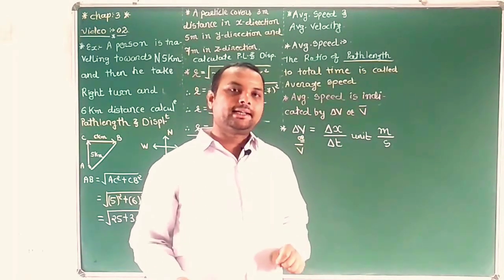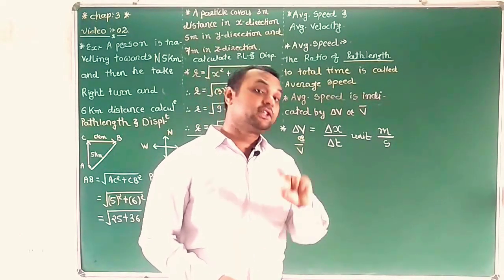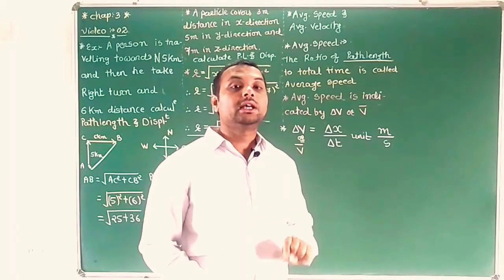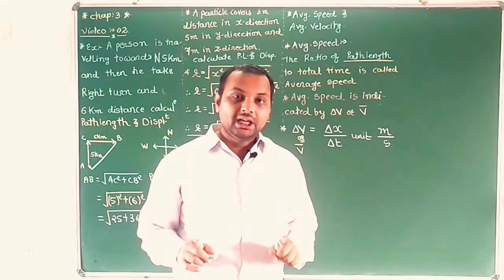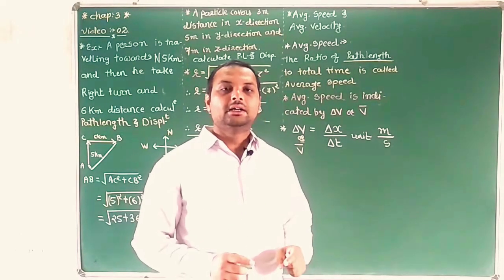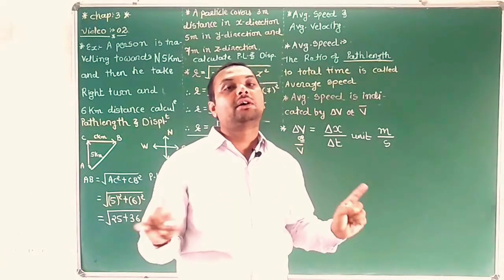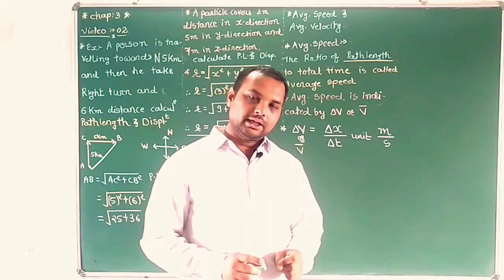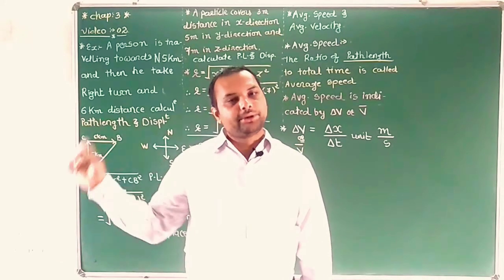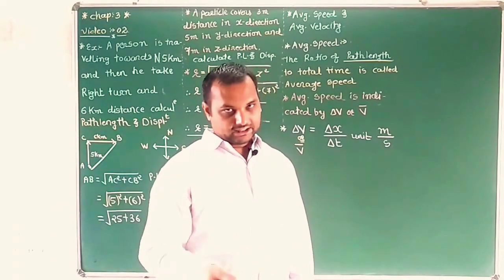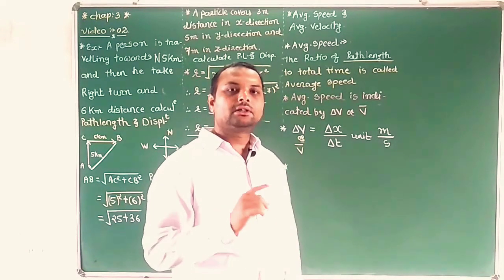That is, whatever characteristics path length has, all of them will belong to average speed. So the average speed is a scalar quantity. It can be zero, it can be positive, but it is never negative. Clear? Right now I am not going to write those things because we have written them in the case of path length.